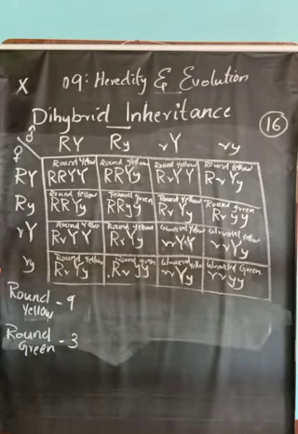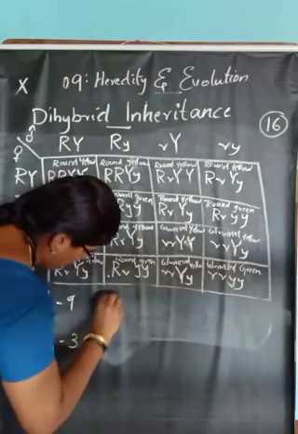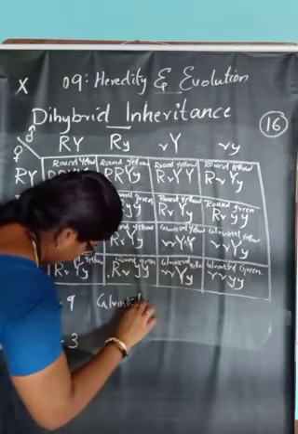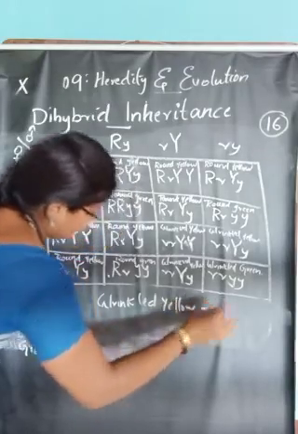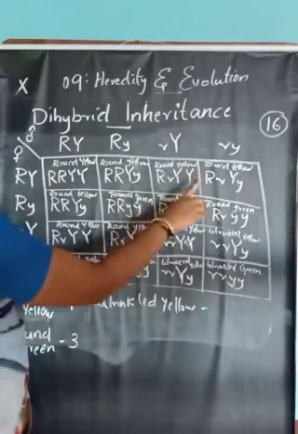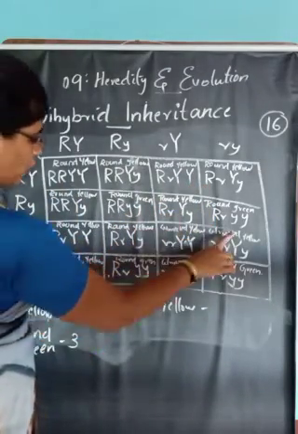Now we can count wrinkled yellow. That is wrinkled yellow 1, 2, 3. 3 wrinkled yellow.